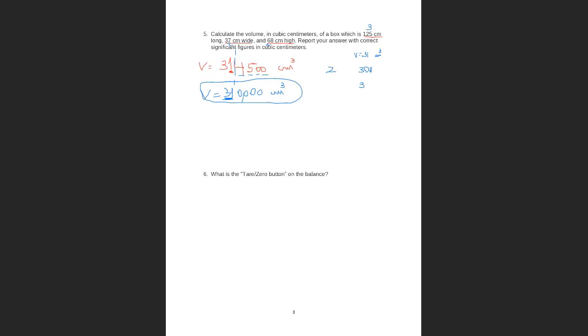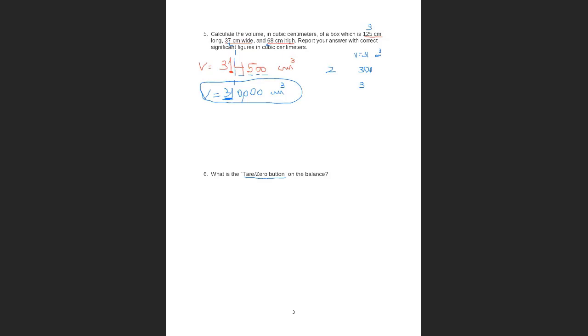Very good. And the last question, just for practice, it says, what is the clear 0 button on the balance? It allows, yeah, it's to zero it out. Exactly, exactly. So that's all it is.